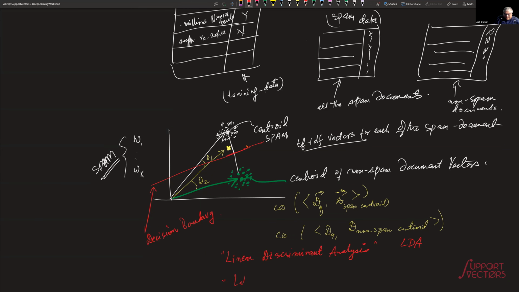It is called latent Dirichlet allocation. That too is called LDA. So obviously it's confusing which one you mean, and most of the time people mean latent Dirichlet allocation.